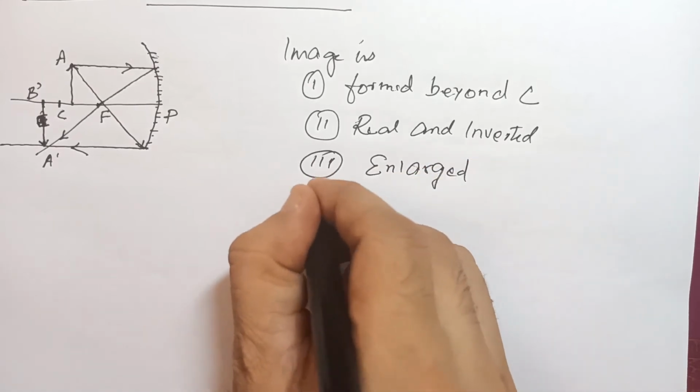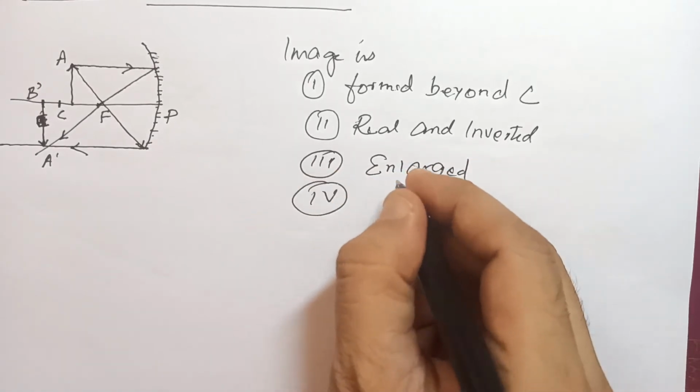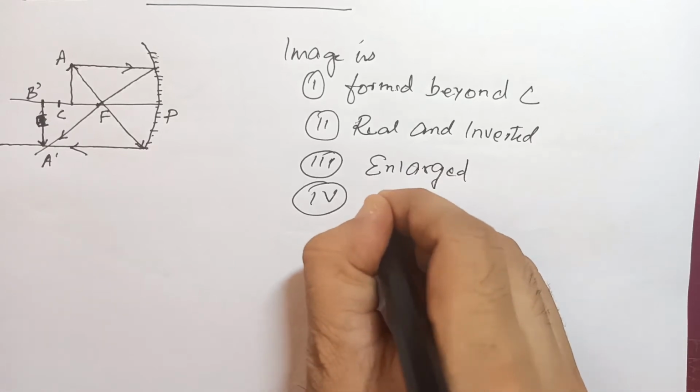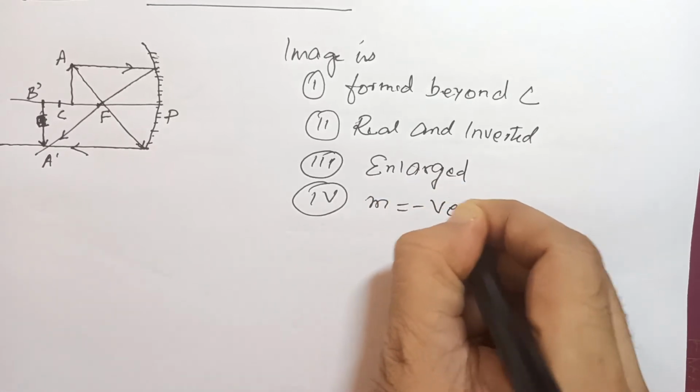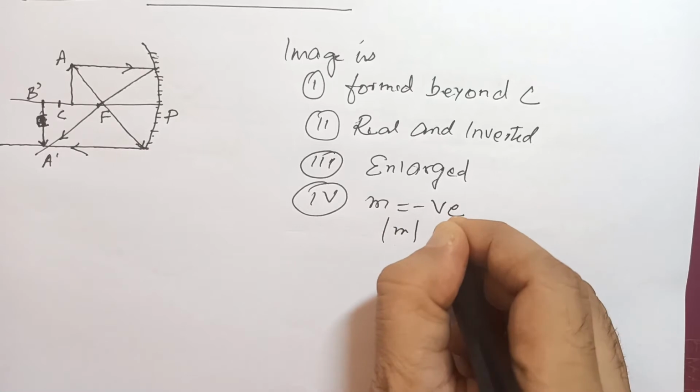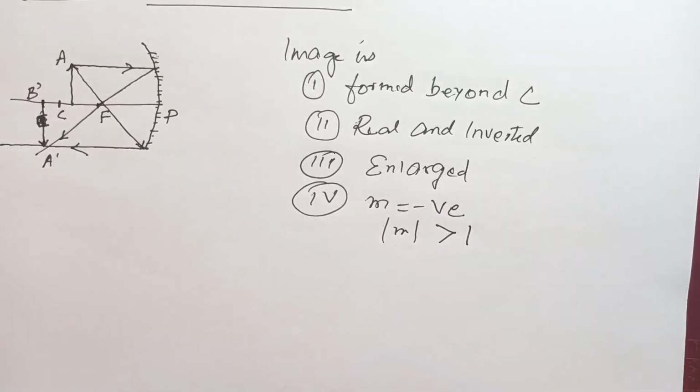And number 4, the linear magnification is negative, and mod of m is greater than 1.